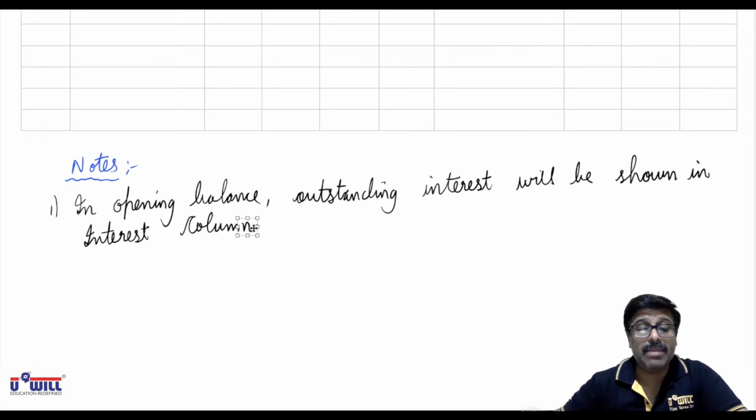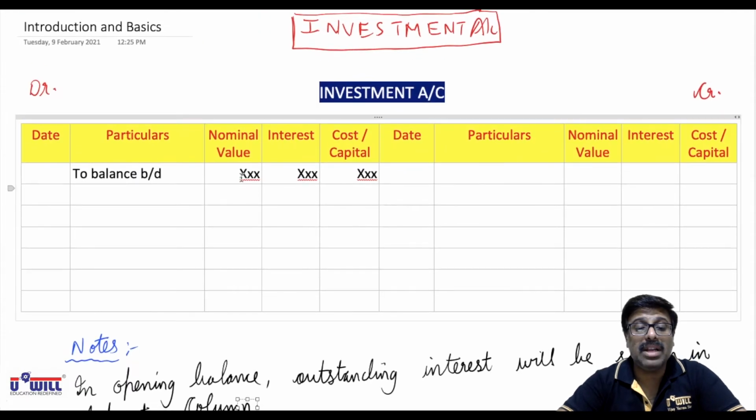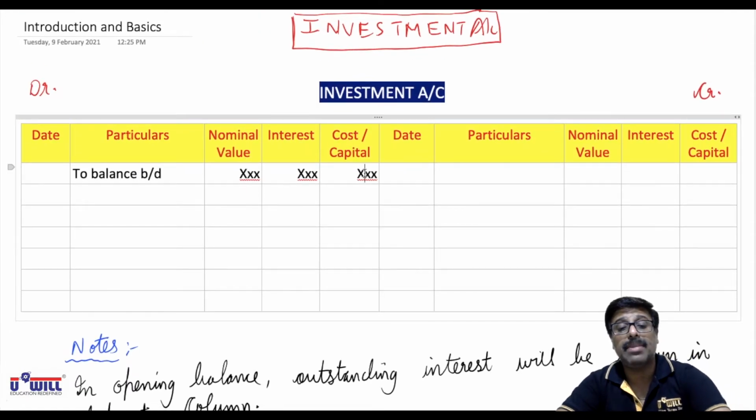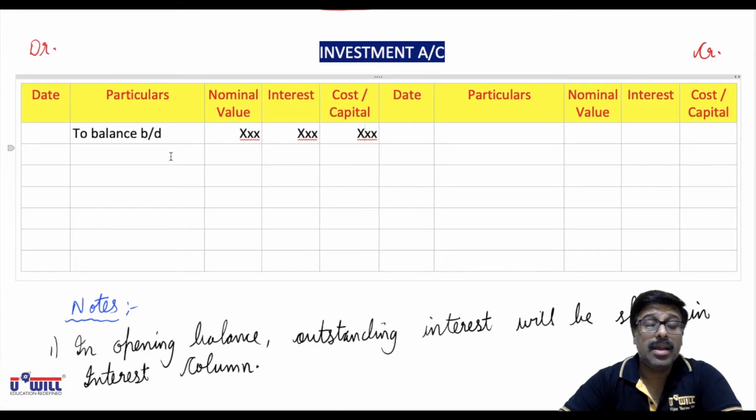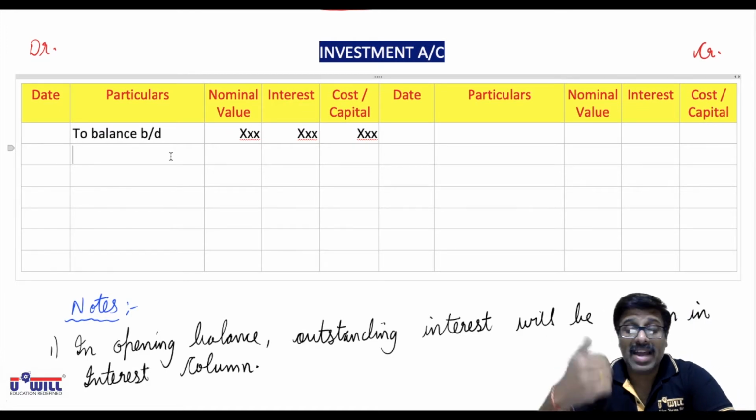The rest of the things are already mentioned. That is, in nominal value we'll write the face value, and in cost or capital we'll write the cost of investments.